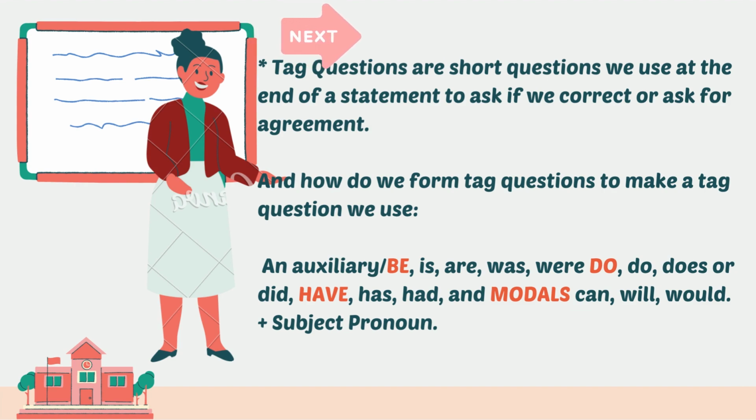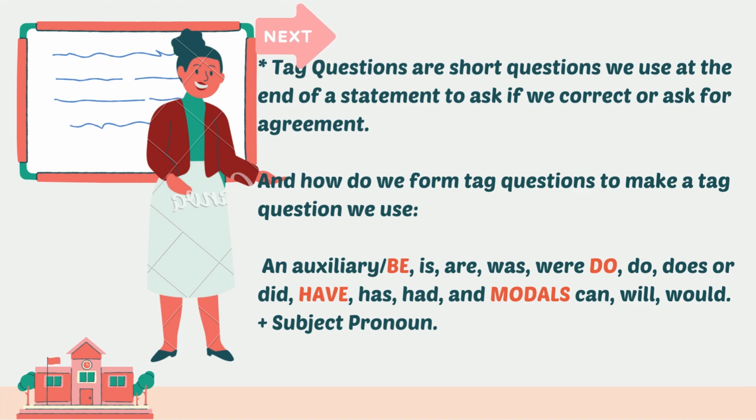And how do we form tag questions? We use an auxiliary. In this case, the verb be. We can use is, are, was, or were. For the auxiliary do, we use do, does, or did.